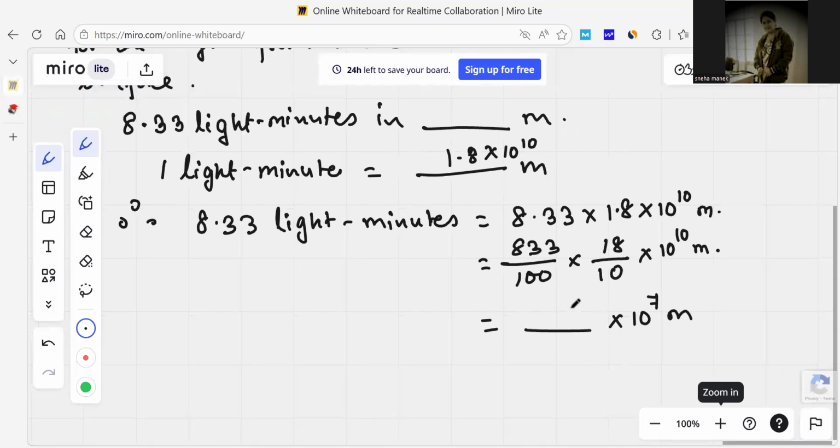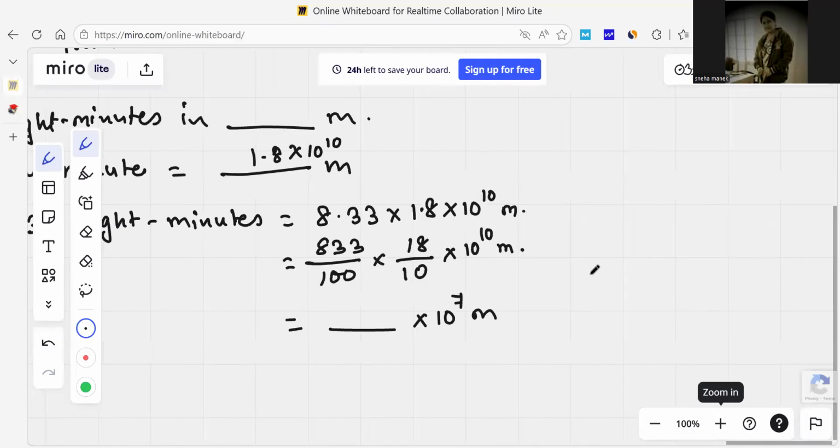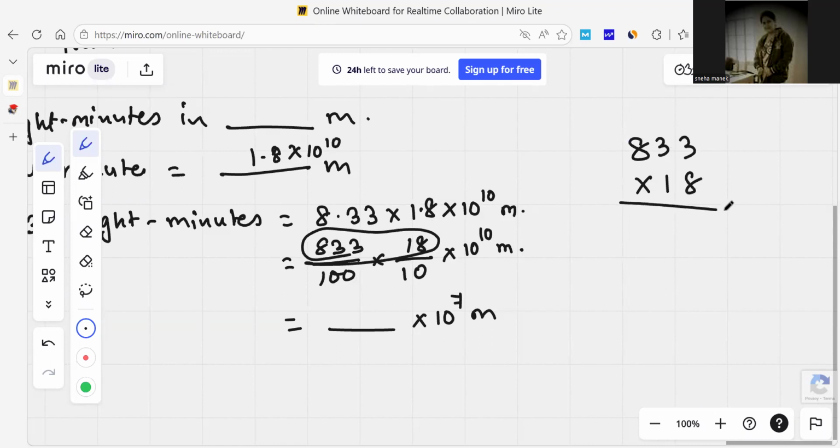So you can calculate. I don't think it's an approximate value given here. 8.33 into 1.8 means 833 into 18. You can do the calculation in your rough space. I will be using a trick to simply solve it.